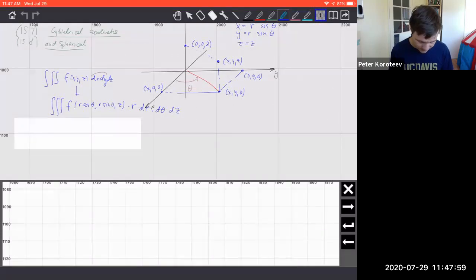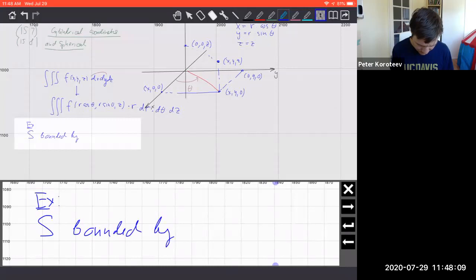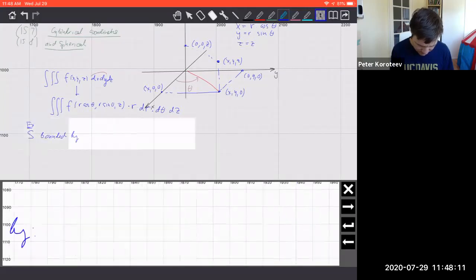Yeah, so let's say there's a solid S, which is bounded by the following thing. So it's the cylinder x squared plus y squared is equal to 1.